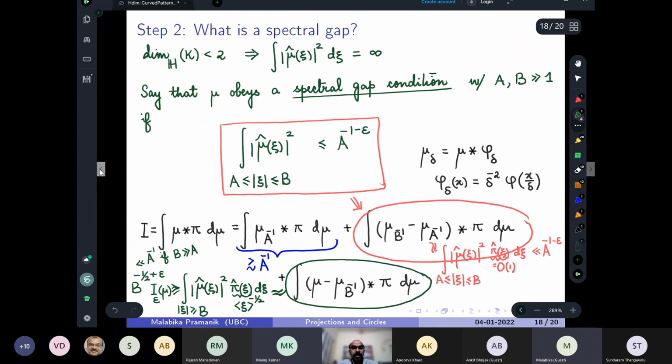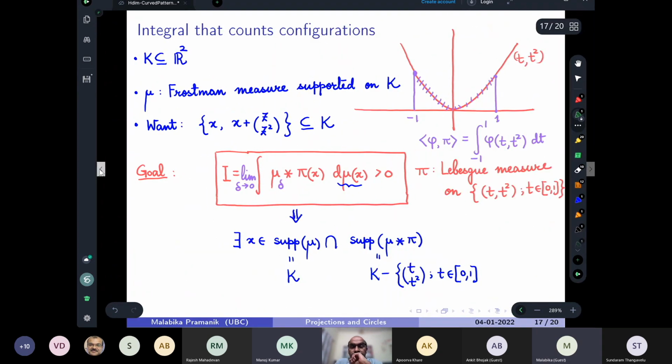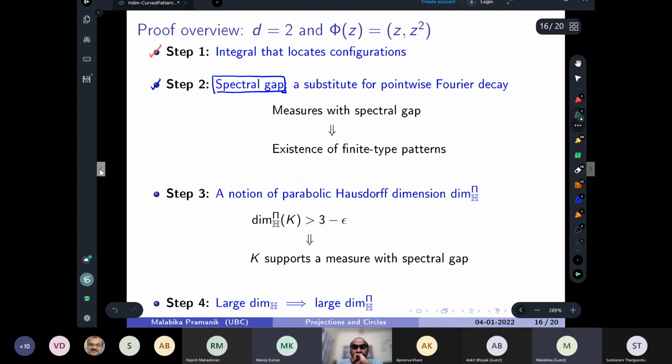Well, yes and no. To a certain extent. For example, we also rely on this step, creating measures with spectral gap. We definitely need that result, or at least we need to use that idea and extend it to our setting.